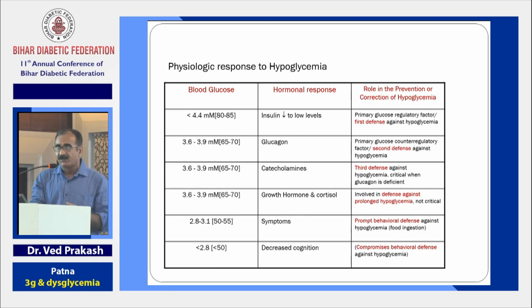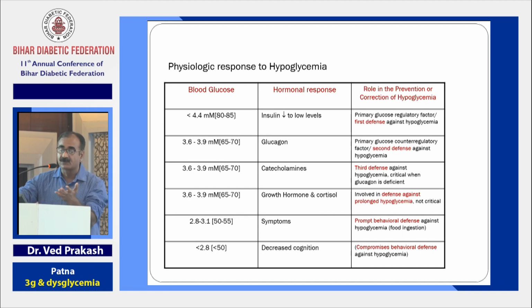And the fourth and less important defense mechanism is growth hormone and cortisol secretion. This starts functioning when hypoglycemia is prolonged beyond 4 to 8 hours.